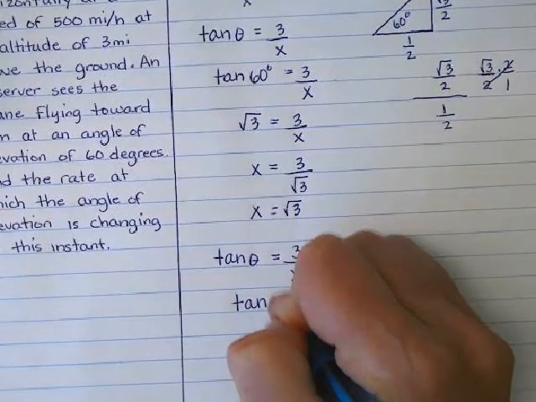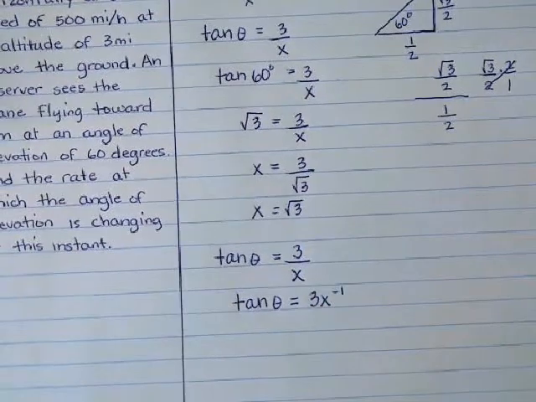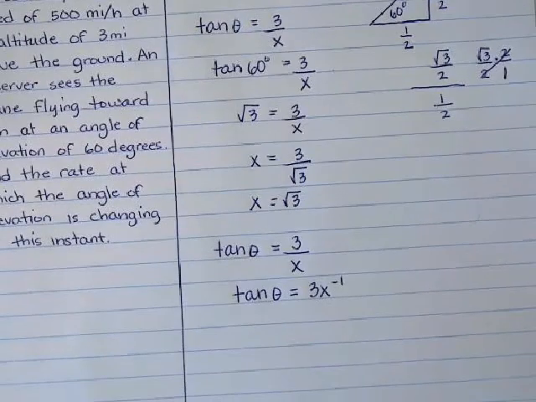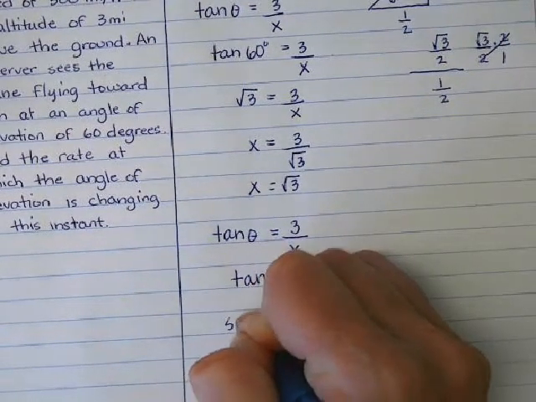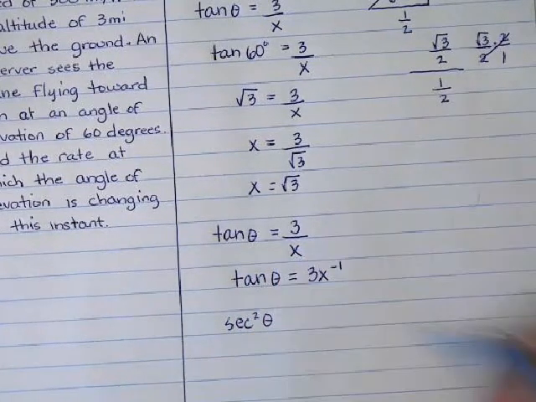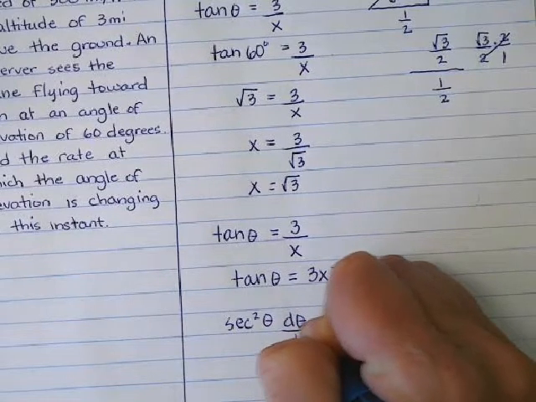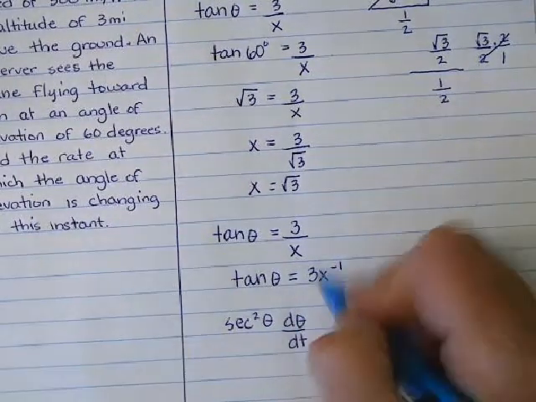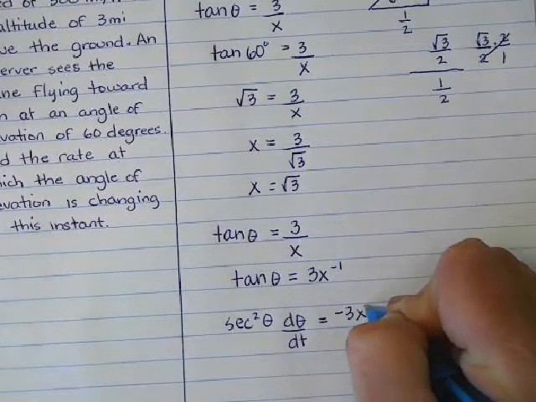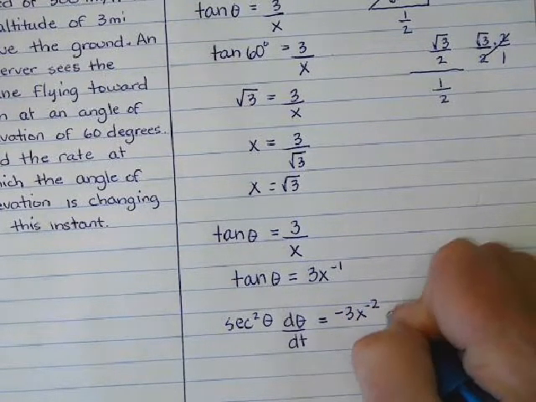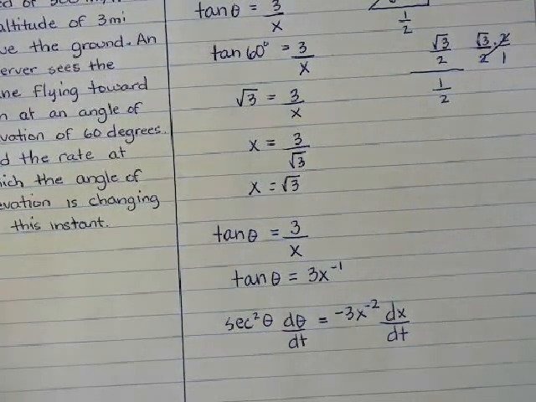I'm going to differentiate this, but make it a little bit easier and write it like that. The derivative of tangent is secant squared, and then the derivative of theta is d theta dt. The derivative over here is negative 3 x to the negative 2 dx dt.